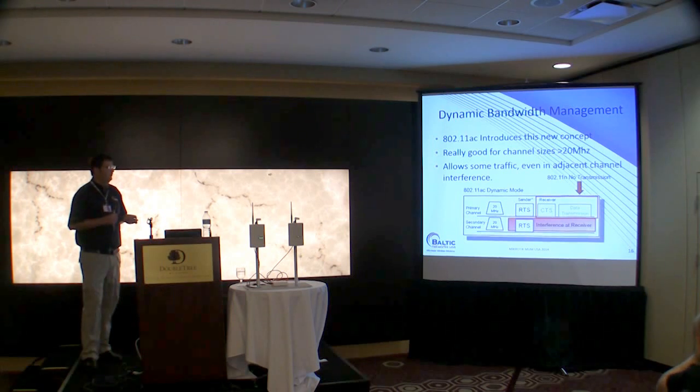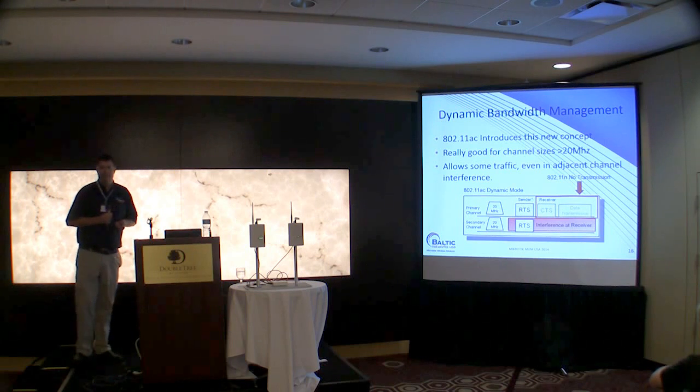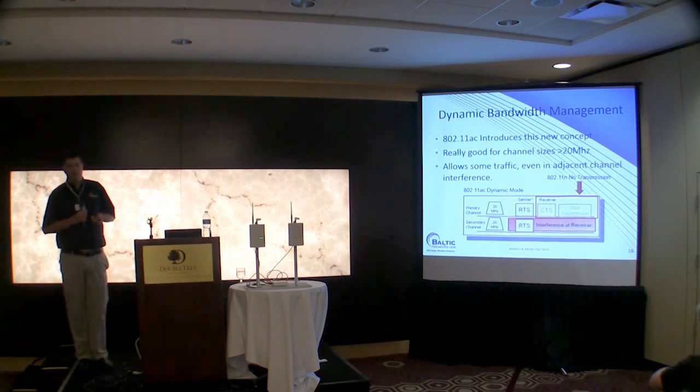In the 802.11n environment, you have two channels, a primary channel and a secondary channel. The transmitter will send out a packet, and if there's interference on your secondary 20 megahertz channel, the receiver will not respond back to the transmitter, and the transmitter will resend that frame again. It'll just think it's completely lost.